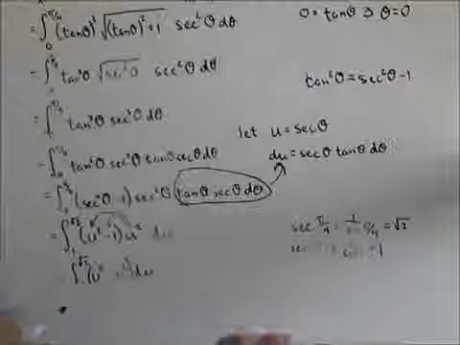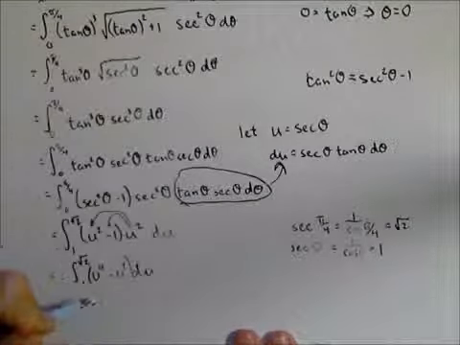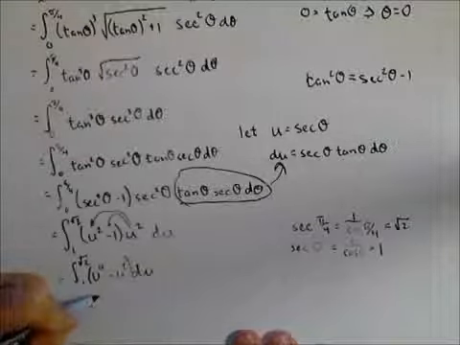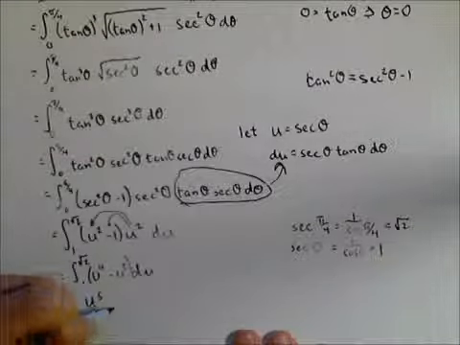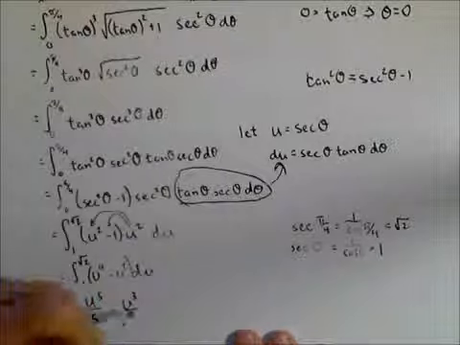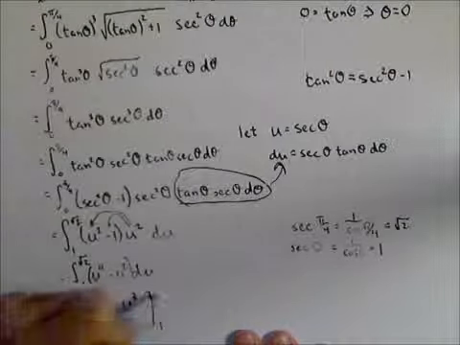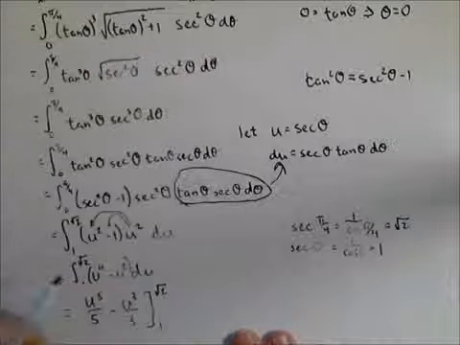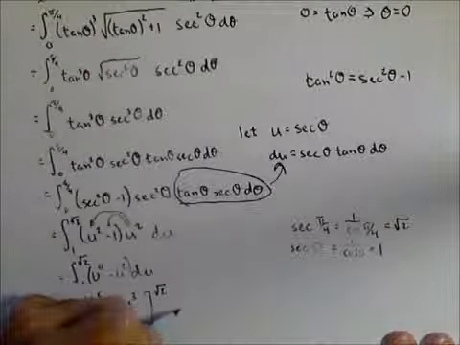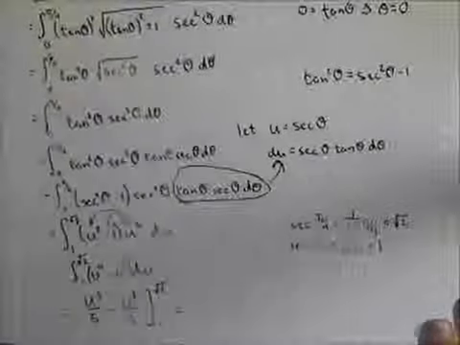And now, taking my antiderivative. u to the 5th over 5 minus u cubed over 3. It's a definite integral, so no need for the plus c, from 1 to root 2. I'm going to go across here and plug in my values.